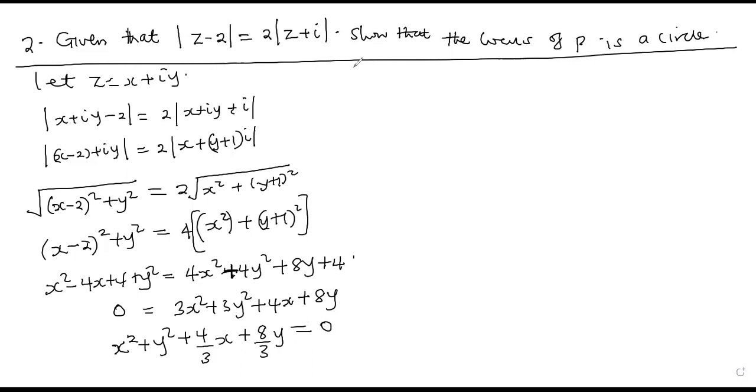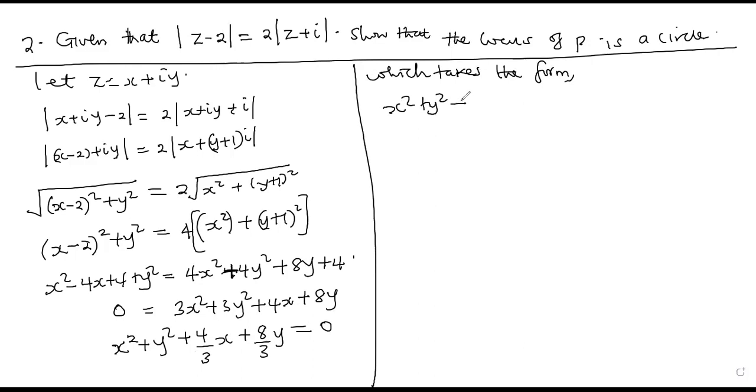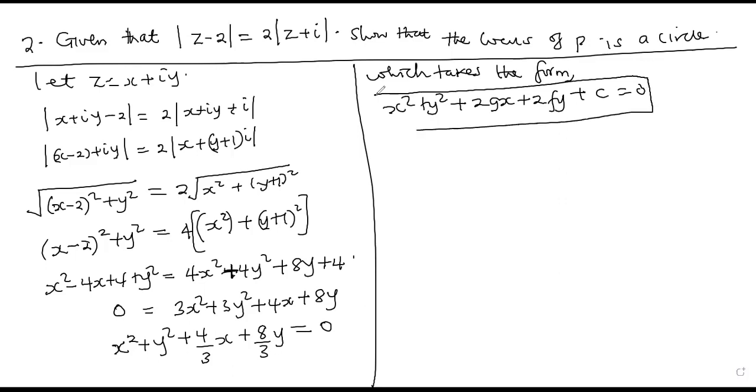This is sufficient to show you that it is a circle, because a circle takes the form x squared plus y squared plus 2gx plus 2fy plus c is equal to 0. This is the general equation of a circle, and that is what you can note. If you have not covered circles, you can note this.